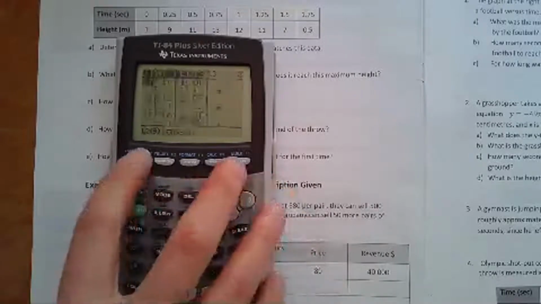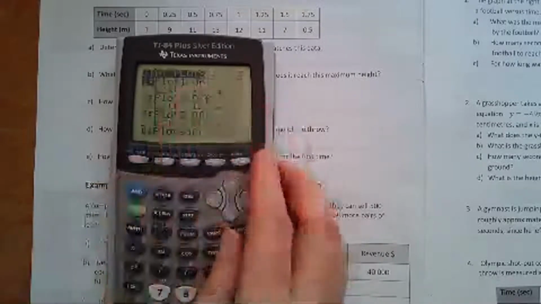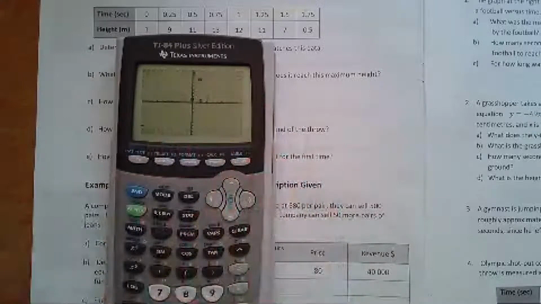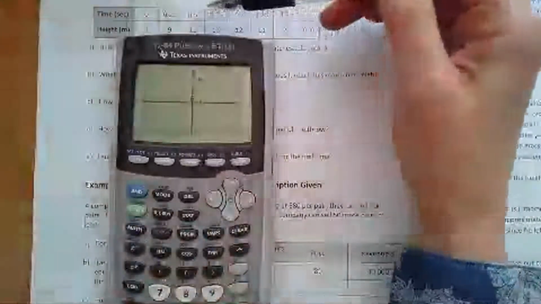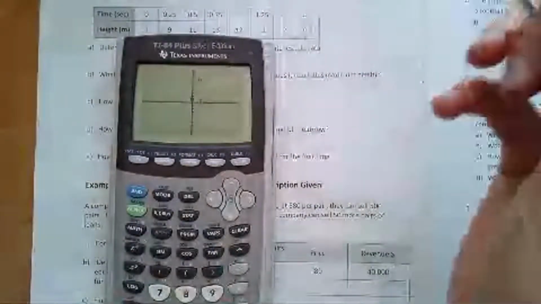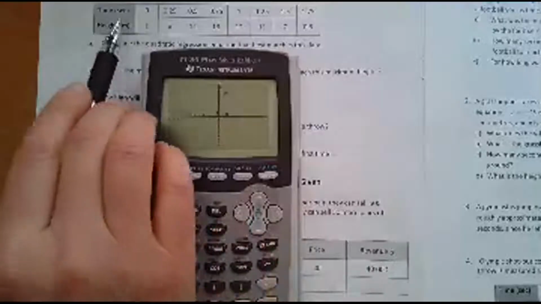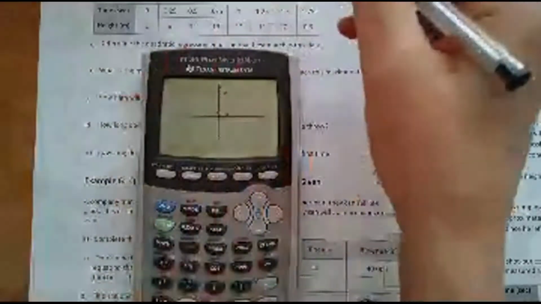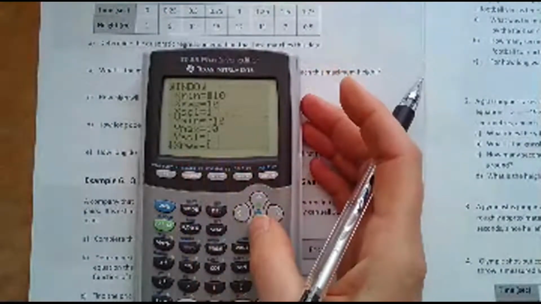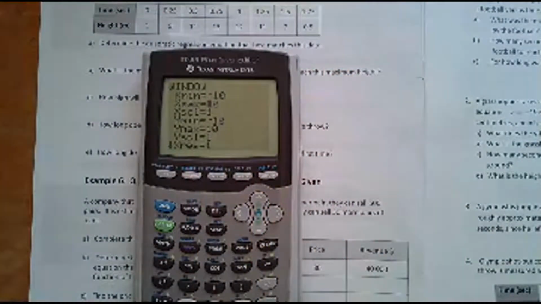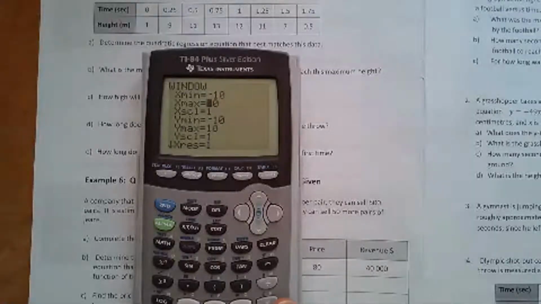Okay, I'm going to turn my stat plot on. It's on. Let's take a look at this graph. All right, I should see 1, 2, 3, 4, 5, 6, 7, 8, and I don't. I can see that my X-min and X-max is only 1.75, so I think I'm going to reduce my X-max to like, I don't know, 4 even.